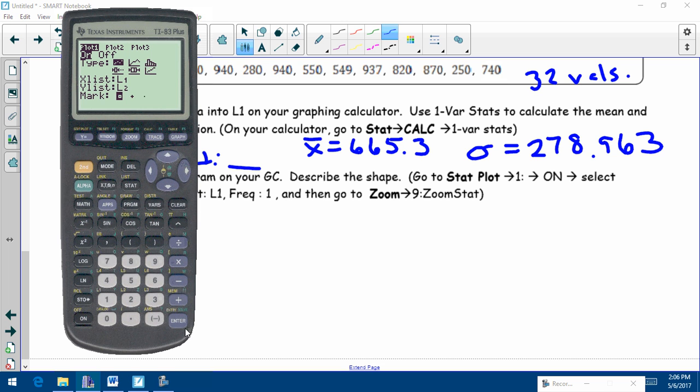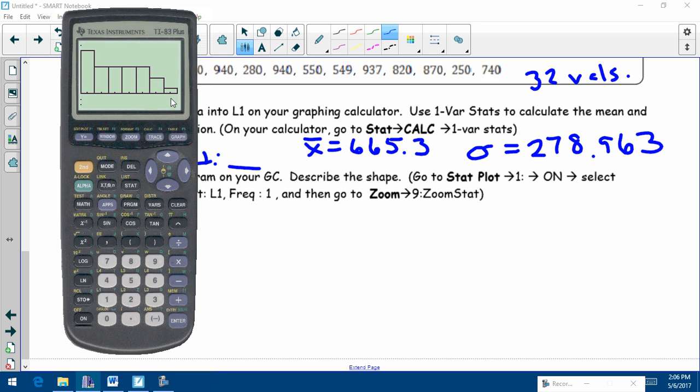Go over to that and click enter. And then it'll say xlist L1, freq can just be 1, so change those if they don't say that. And then if you go to zoom 9, it'll show you a histogram. This is all the different values of these data organized into different sections of a histogram.